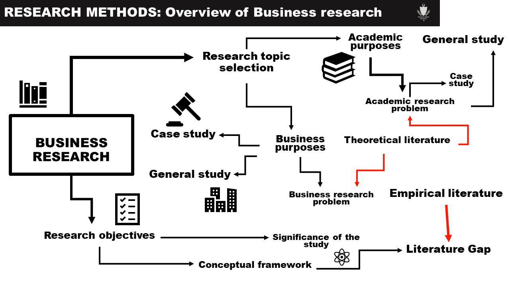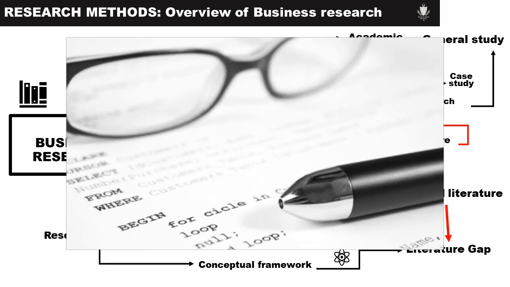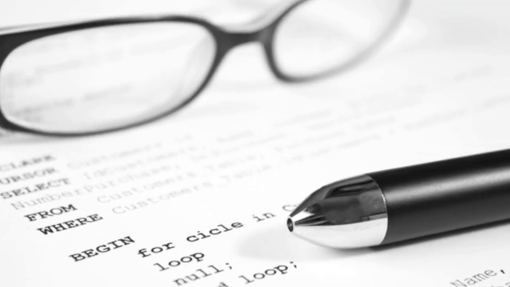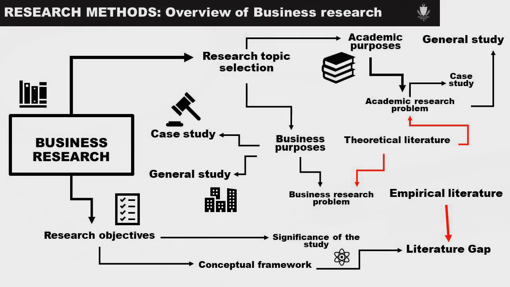Now, one thing that we need to consider is the purpose of the research topic that you want to select. For example, is it for academic purposes, or rather for business purposes? Depending on which dimension you pick the topic for, that will determine the direction you should take in determining the kind of problem of interest in the study.